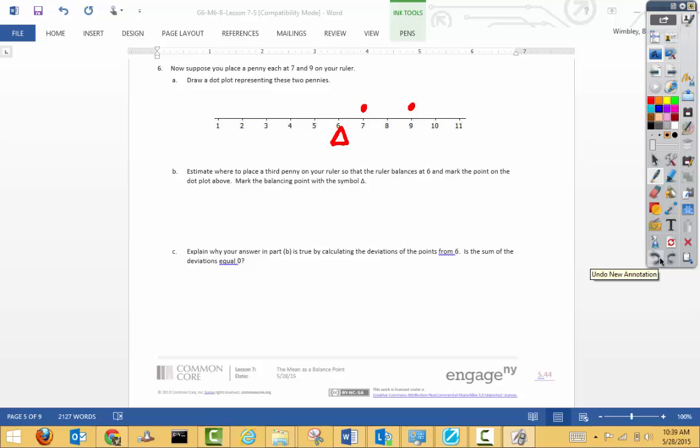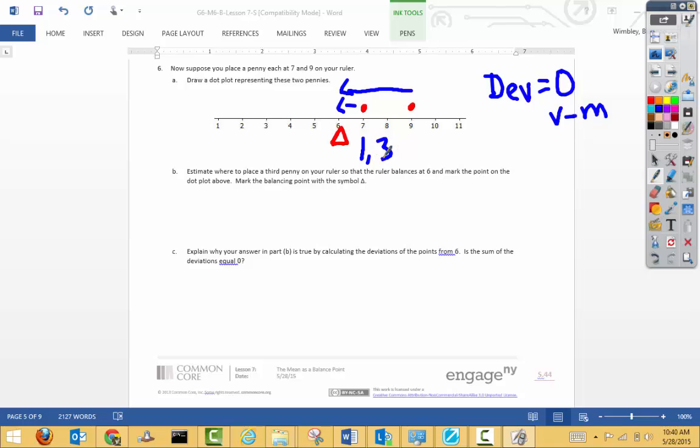Well, remember, I need to find a balance point where my deviations, when I add them up, will equal 0. So let's see what my deviations are over here. Remember, deviations is your value minus the mean. So this one is 7 minus 6 is 1. 9 minus 6 is 3. So if I add these ones up, I get 4.